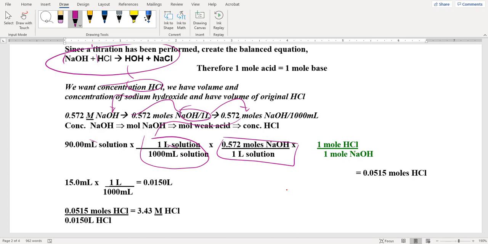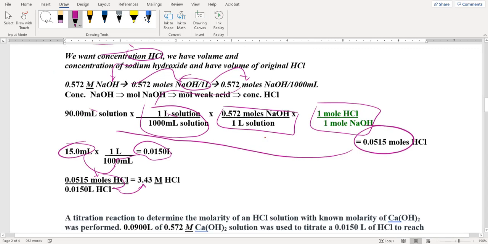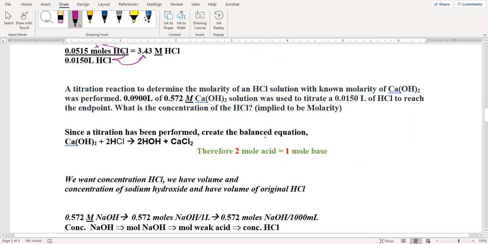There's the molarity as a conversion factor. And then here's the mole to mole ratio from the balanced equation. There's our moles. In a separate step, I converted mils into liters for the acid solution before it was titrated. And then it's moles of our HCl divided by liters of our HCl, and then there's your final molarity.